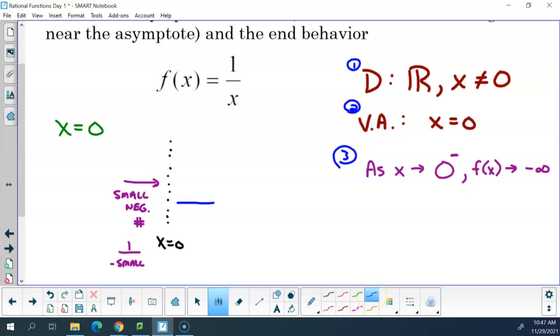Let's try it again. This time let's approach from the right. Now I've got a really small positive number that's getting smaller and smaller and smaller. Right? So I'm going to have 1 divided by a positive small number. Which way is it going?